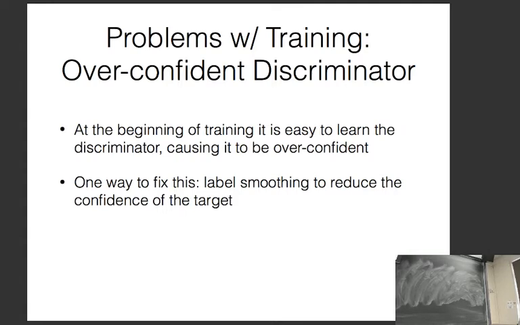So if we have a distribution over our choices, instead of trying to optimize where the probability of the correct answer is 1 and all of the others is 0, we actually change our target to something where we add a little bit of probability to all of the other ones.